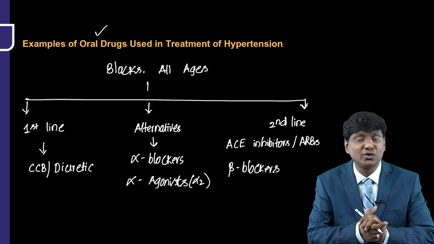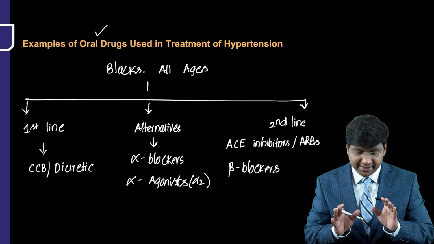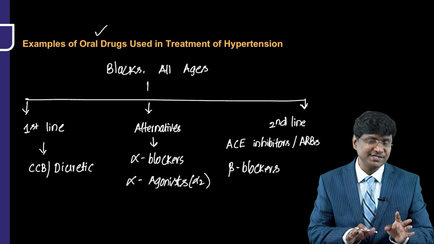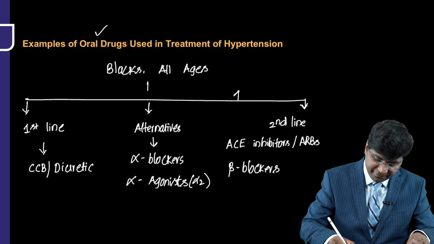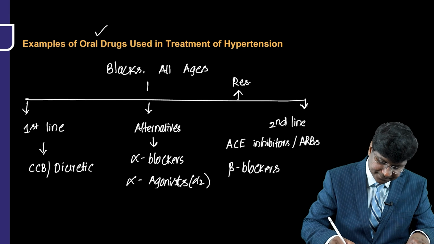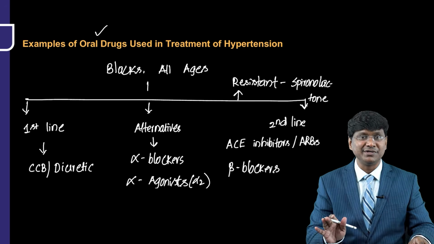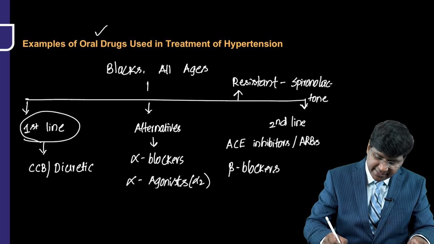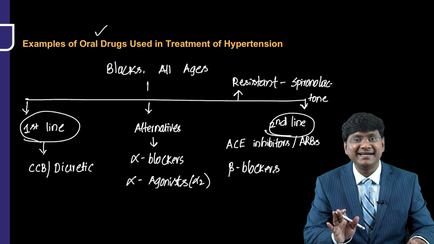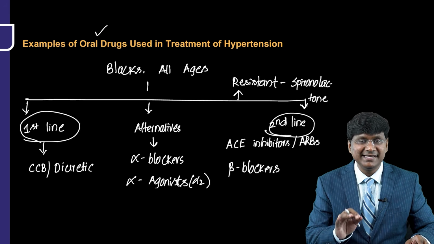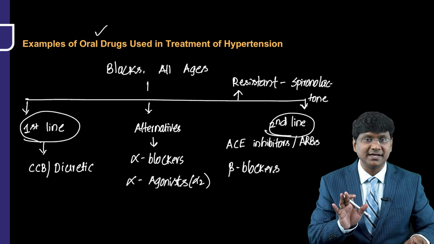An example is clonidine. These are the alternatives. And for resistant hypertension, what is the preferred drug? For resistant hypertension, we give spironolactone, an aldosterone receptor antagonist. So this is the first line and these are the second line agents, right? These are the antihypertensives that are recommended.